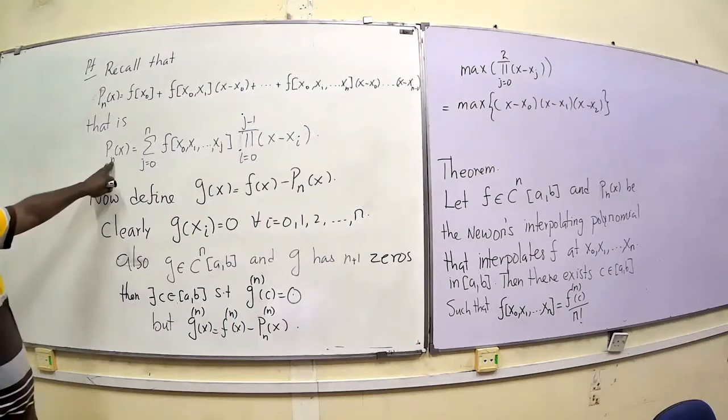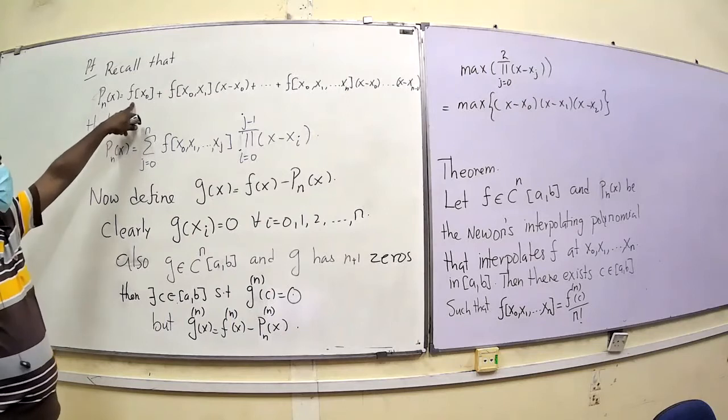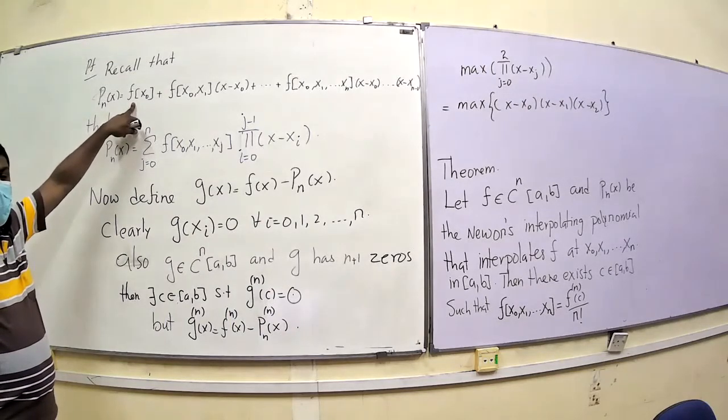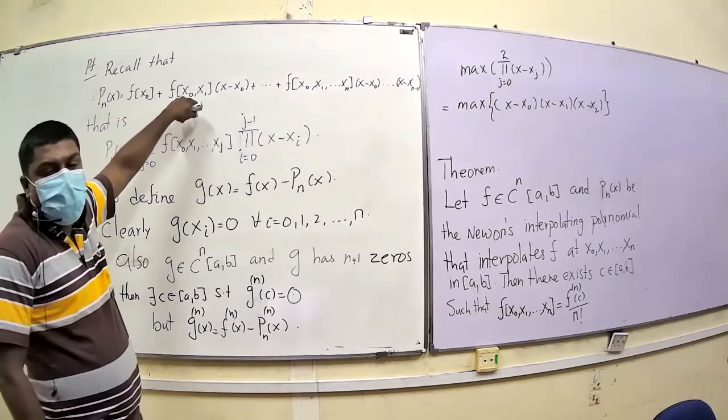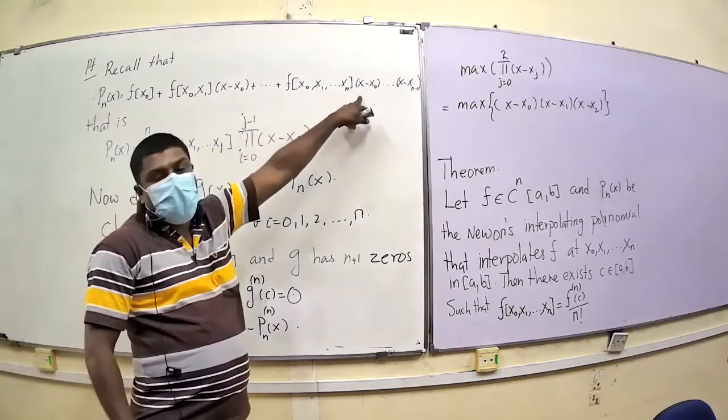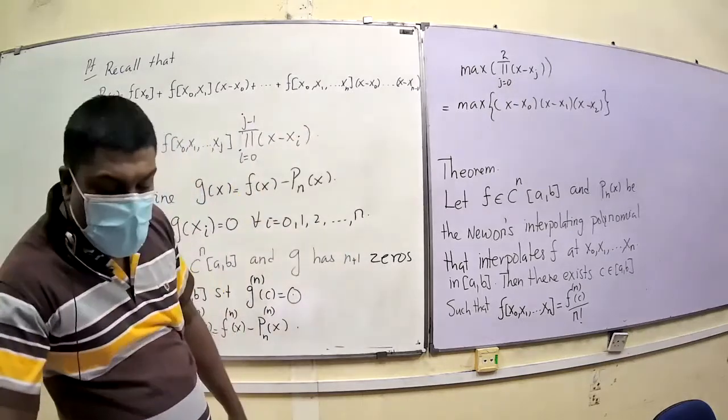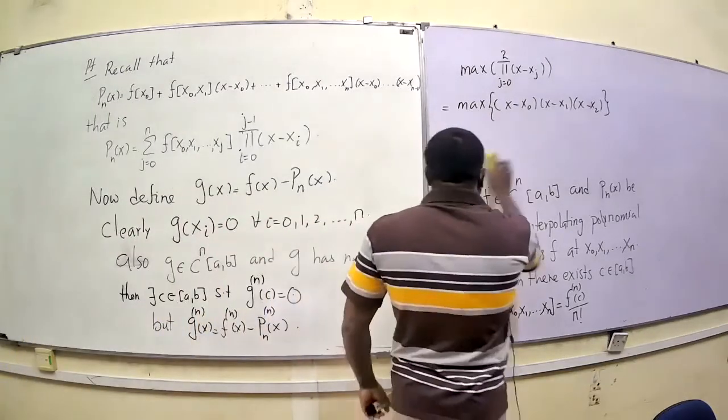Now if you take the nth derivative of Pn, taking the derivative of this up to n times gives 0, this up to n times 0, this up to n times 0, and only the last term is what is left over.